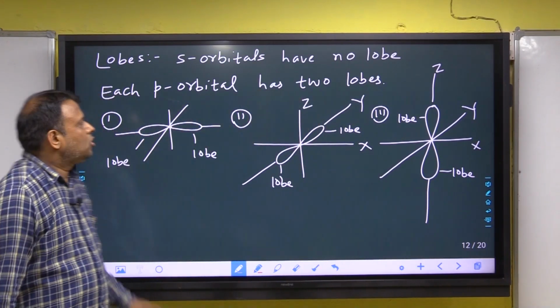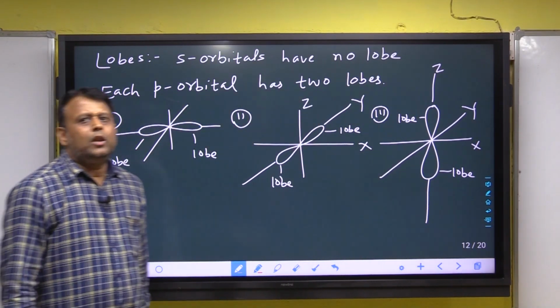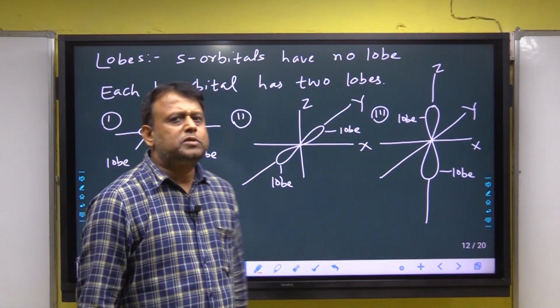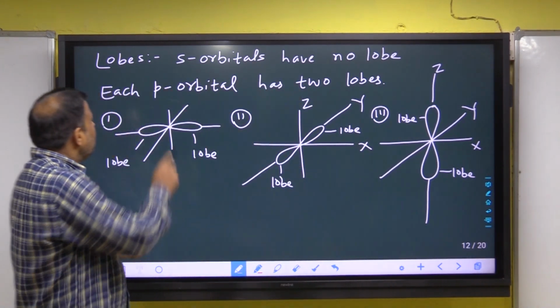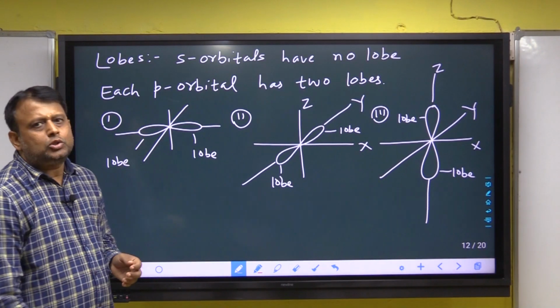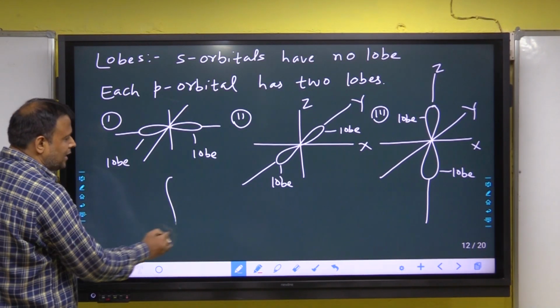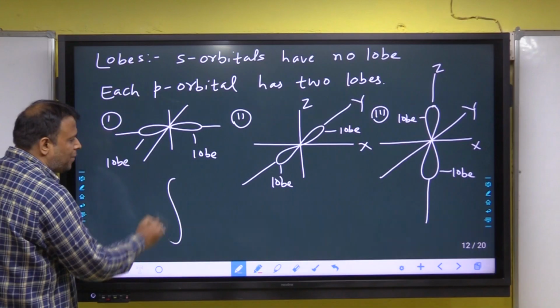Now, the topic of lobes. Lobes means parts. Each p orbital has 2 lobes. Listen, this is the dumbbell shape of a p orbital.